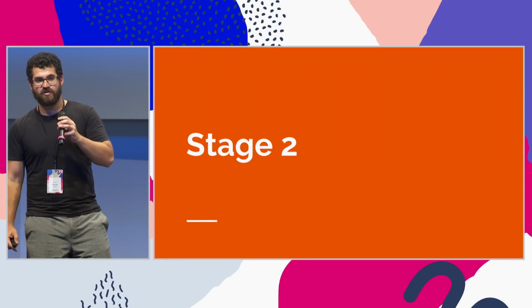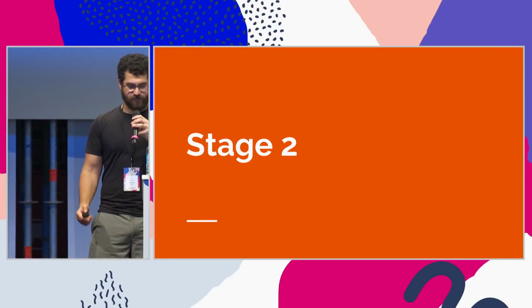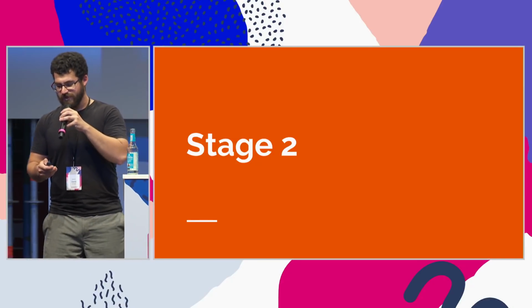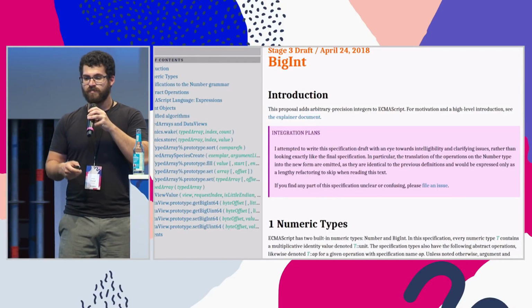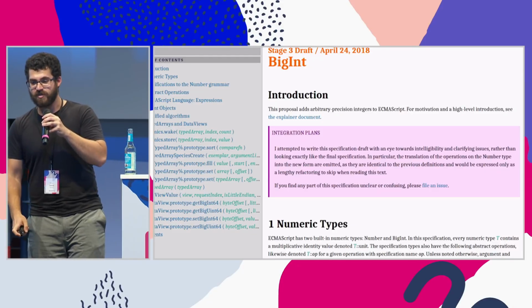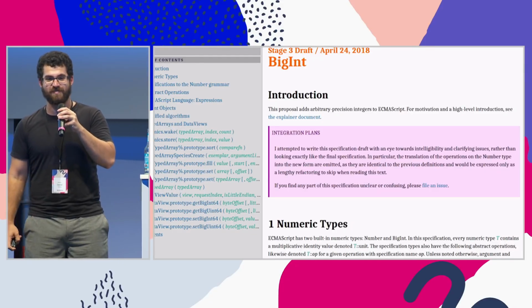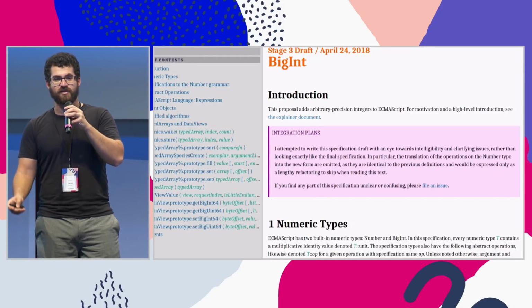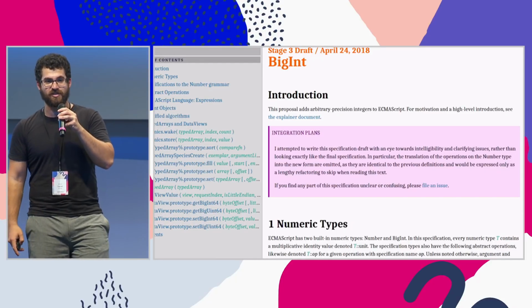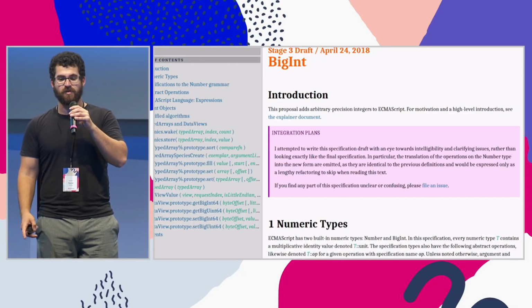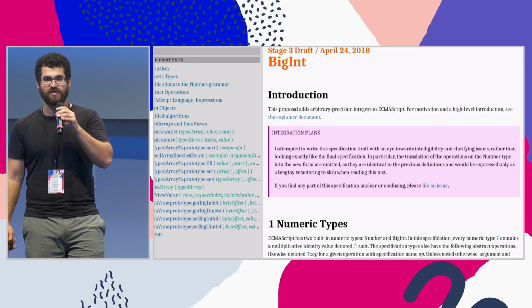So to get to stage 2 from there, the committee wrote this draft specification document. This is just like the main document for the whole specification, except that it's only the segment that relates to this new feature.